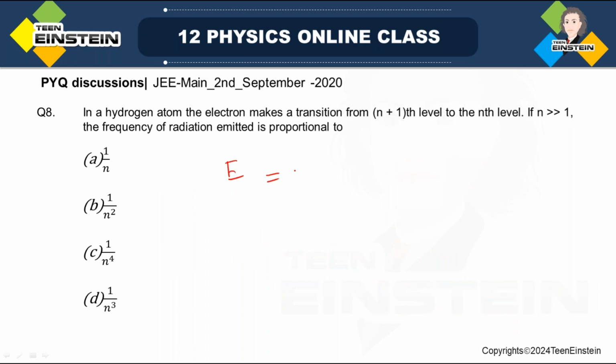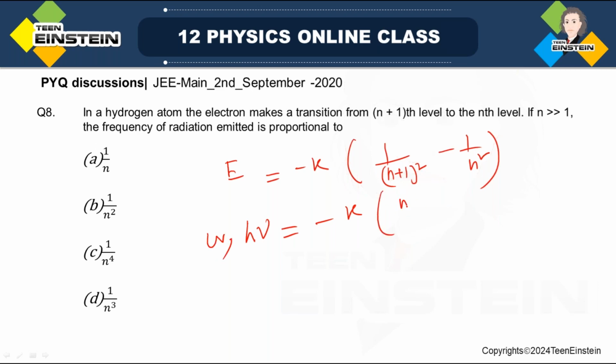E is equal to minus R Z square, so this constant I am just writing as some K, times 1 over initial n square minus 1 over final n square. Now do the calculation. So minus K is there, and this is h nu.